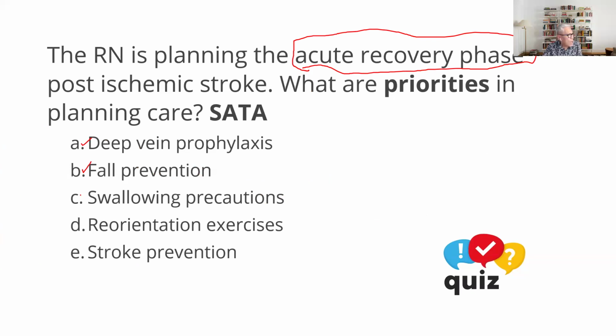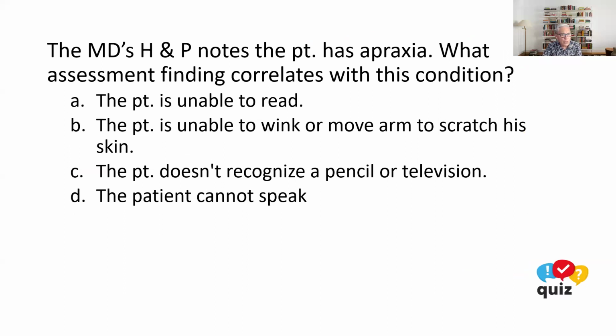And of course, swallowing precautions, because if you have hemiparesis or hemiplegia, it's most likely that you will also have dysphagia, and therefore the risk of aspiration is going to be important. Now, D and E could be done later in the rehabilitation, but A, B, and C are the important ones during the post-acute phase.